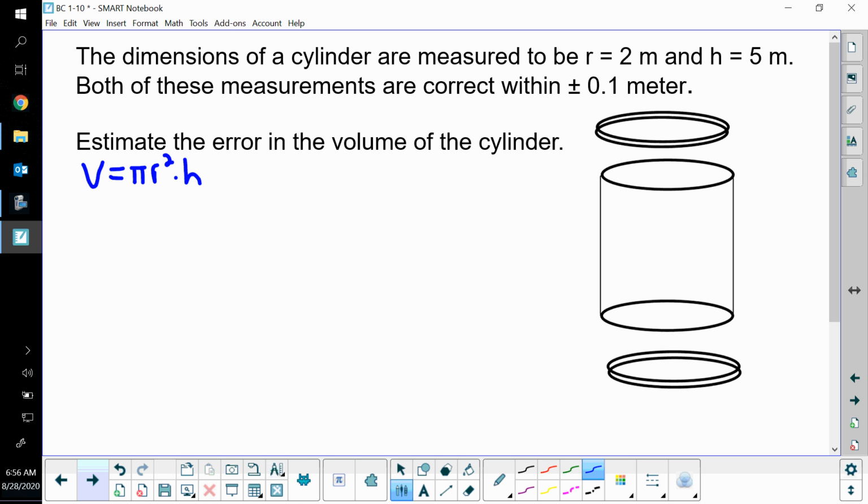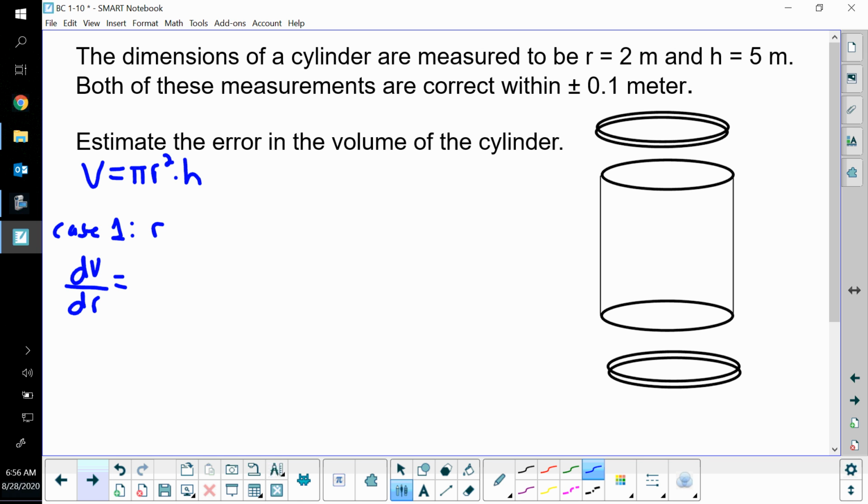And I'm going to show you 3 different ways you can do it. You can do it any of those ways, or you can do a shortcut to what it's going to end up as. So let's look at case 1. Let's say we did it for r. So we're going to do dV over dr.